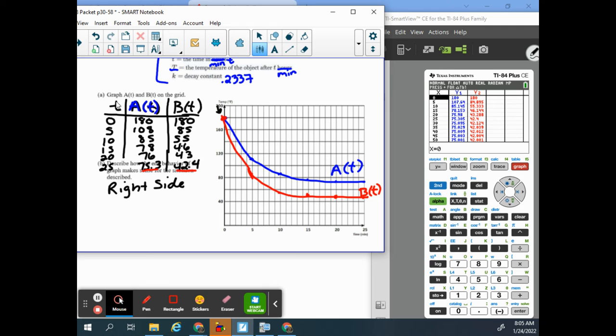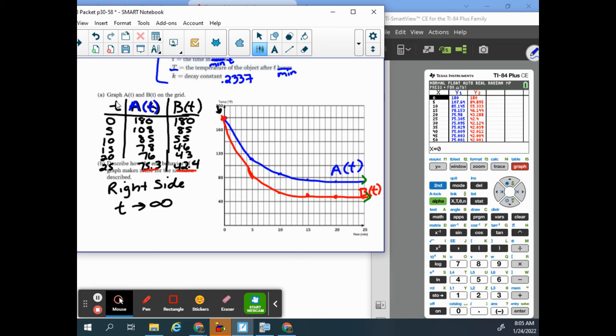So when I look over here at these arrows, I should notice first off, for A of t, and actually I'm going to write this differently. I'm just going to write as time goes to infinity, right? So we're assuming some sort of infinite time for this cup of coffee because we're talking about end behavior.